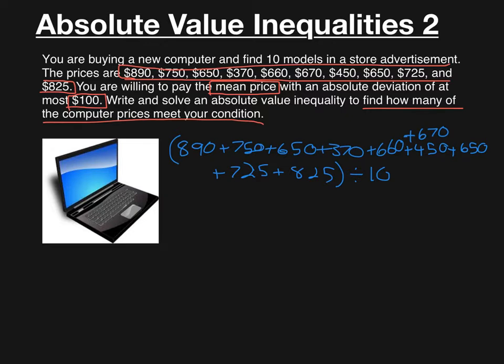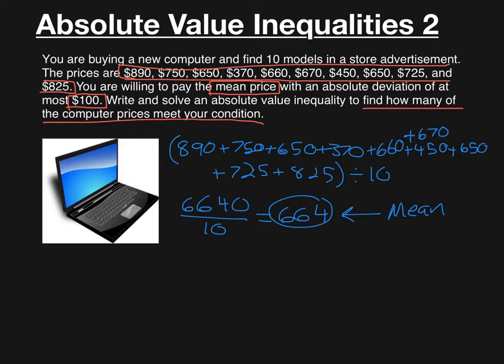When we add all of those numbers together, we get 6,640. So we got 6,640 divided by 10 is 664. So this is our mean price. Okay, that's something we need.